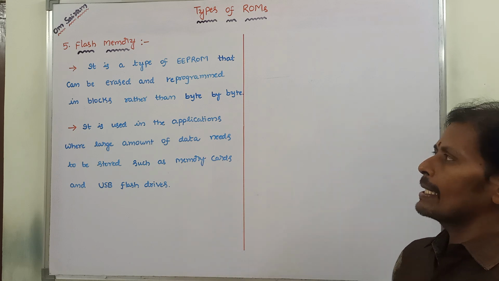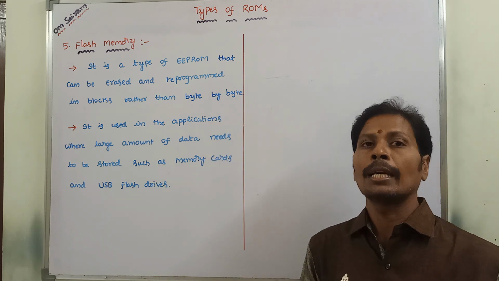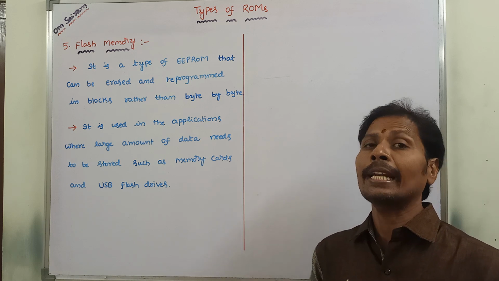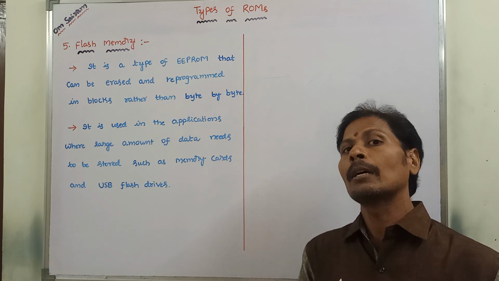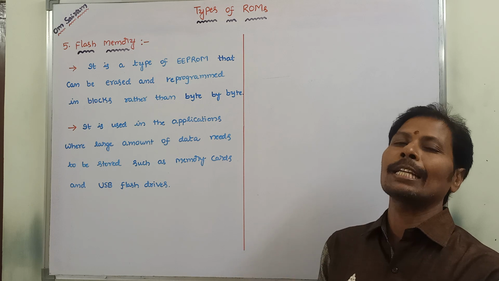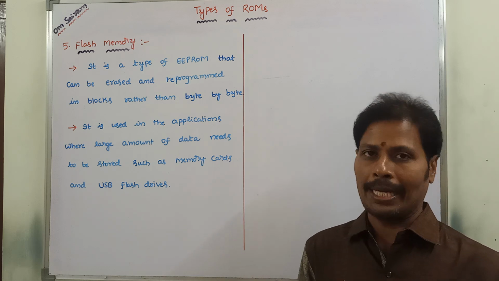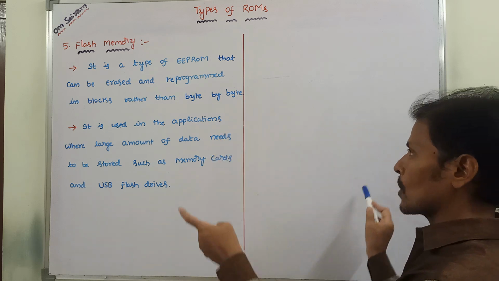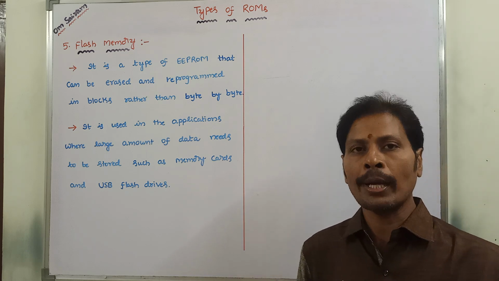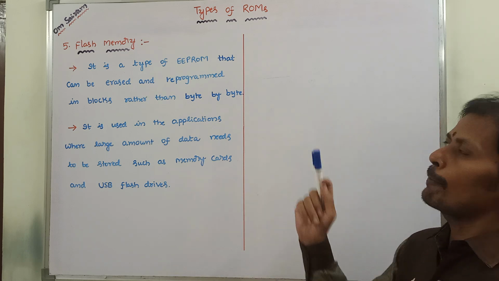While considering the flash memory, the data can be arranged and reprogrammed block by block instead of byte by byte. This is the most important summary points regarding the types of ROMs.